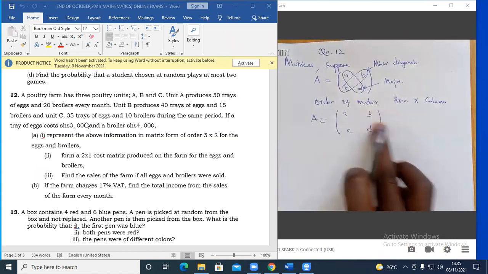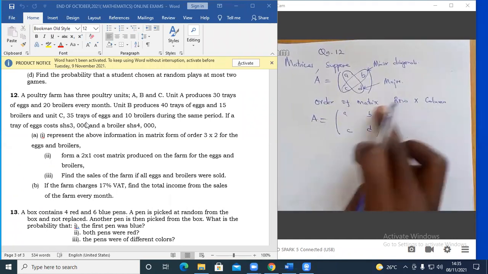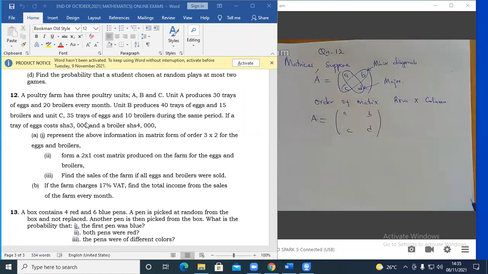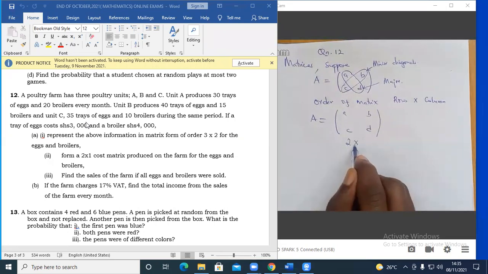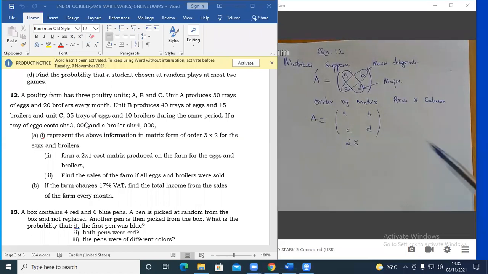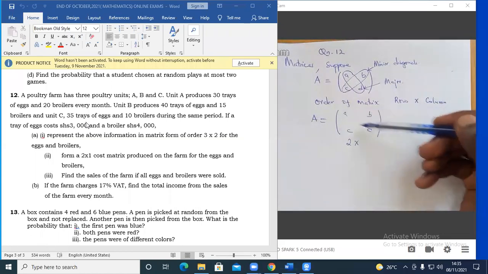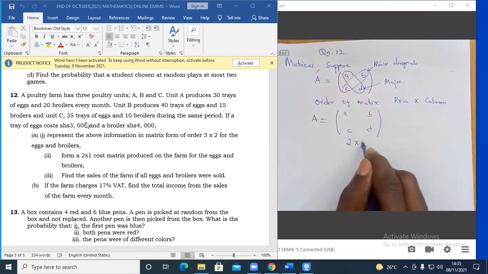Rows are like this. There are 2 rows. So it becomes 2 by how many columns? There are 2 columns. So it becomes a 2 by 2 matrix.